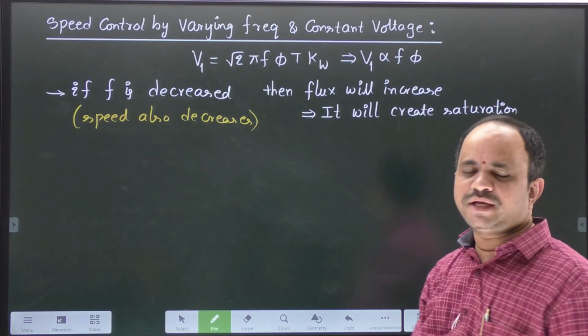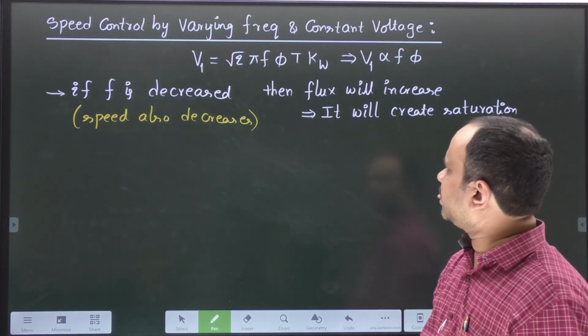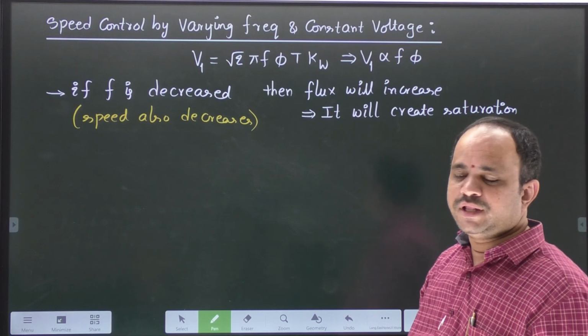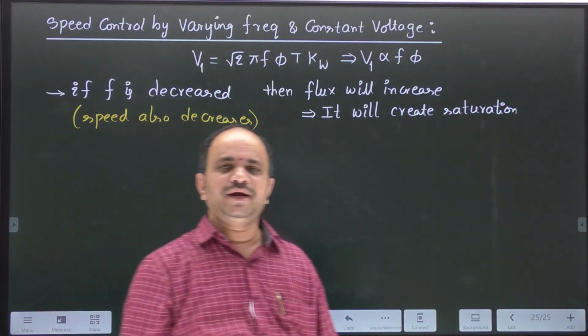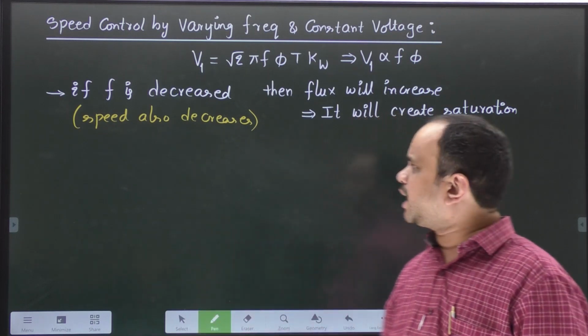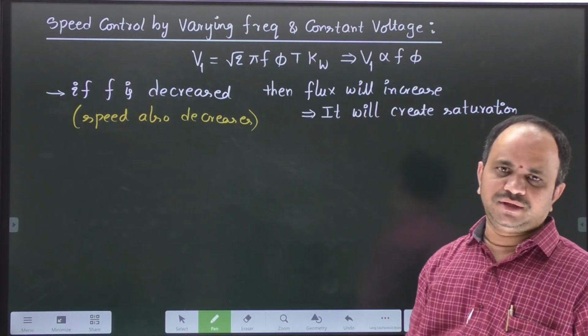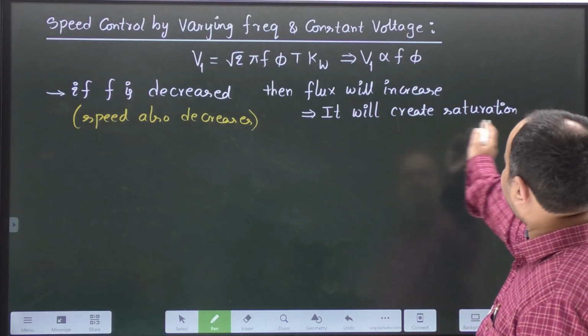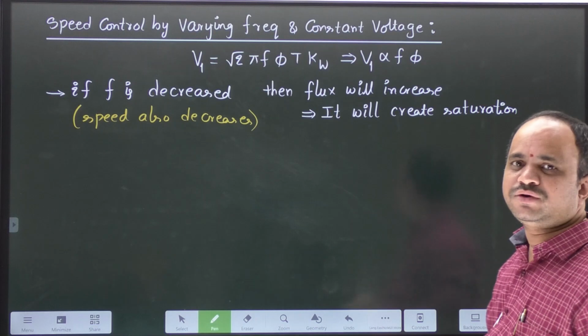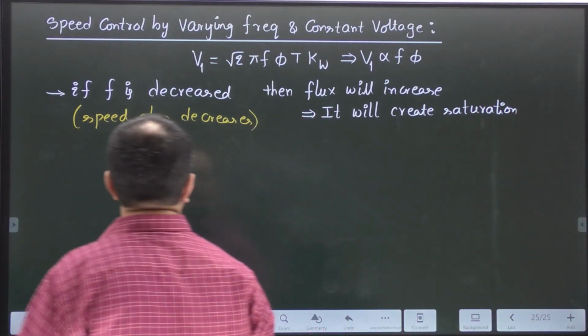It will create saturation of the magnetic circuit. Therefore, remember, in induction machine applications, when the stator voltage is maintained constant, you cannot decrease the frequency. You have to avoid this method, because it will create saturation of the magnetic system.